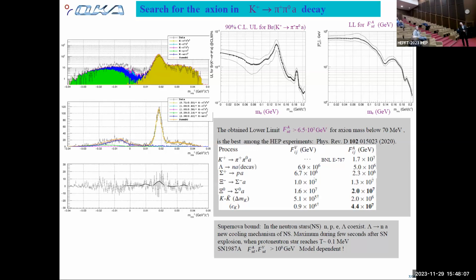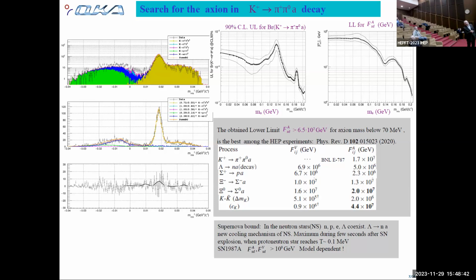So this background-free distribution, and you see how the fit is working. So finally, we get upper limit for the branching of K plus to pi plus pi zero axion, depending on mass of the axion. So you see the scale, here is 10 to the minus 5.